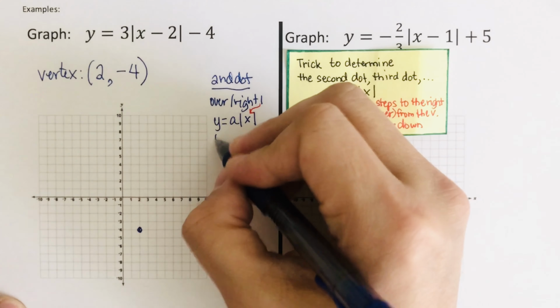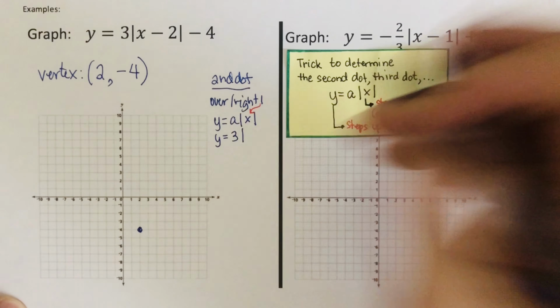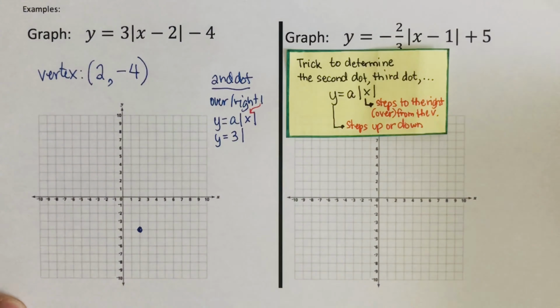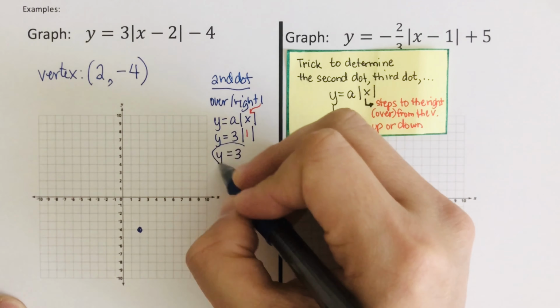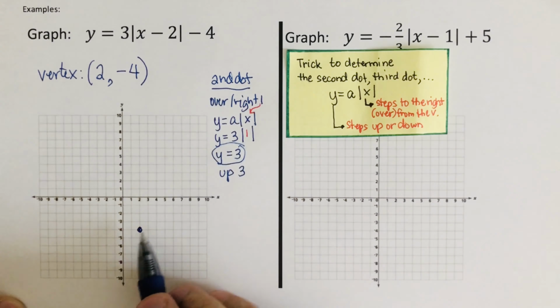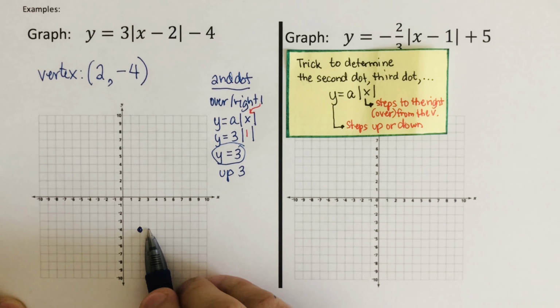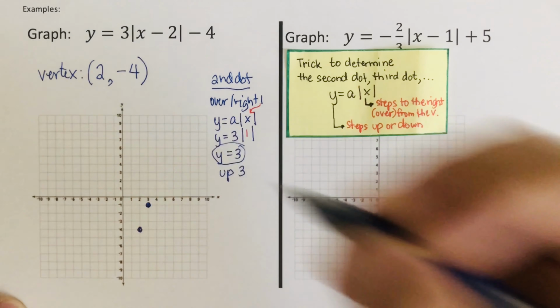So y is equal to, our a was 3, and then absolute value of 1. So 3 times the absolute value of 1 is 3. So what does it mean? We go up 3. So right 1 up 3. 1, 2, 3. So this is where the second dot is going to sit.